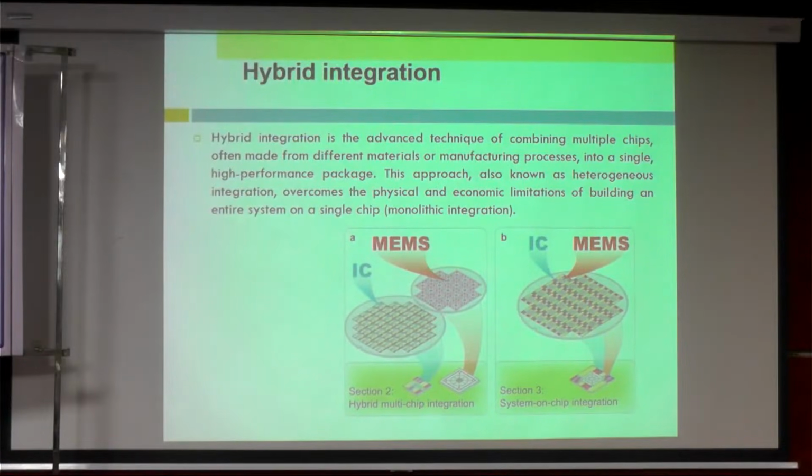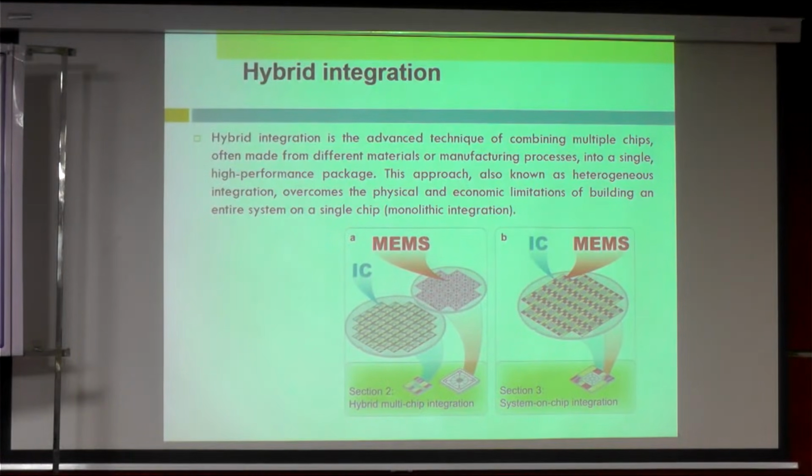So, hybrid integration. What is hybrid integration? Hybrid integration is the more advanced technique of combining multiple chips, often made from different materials or manufacturing processes, into a single high-performance package. This approach, also known as heterogeneous integration, overcomes the physical and economic limitations of building an entire system on a single chip, or monolithic.